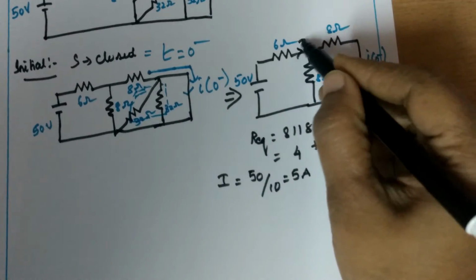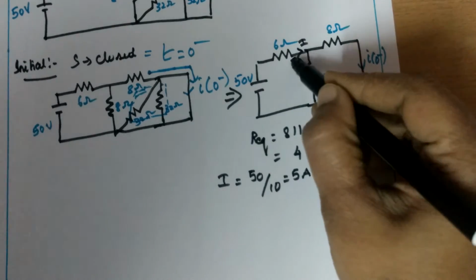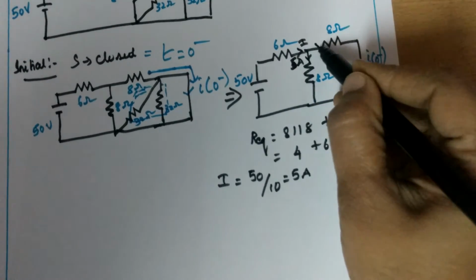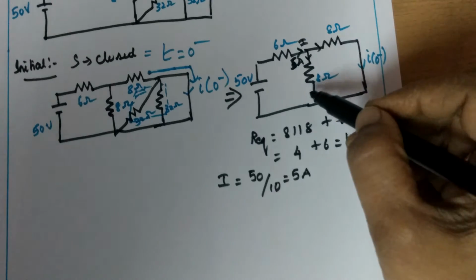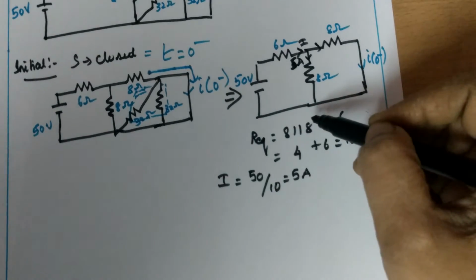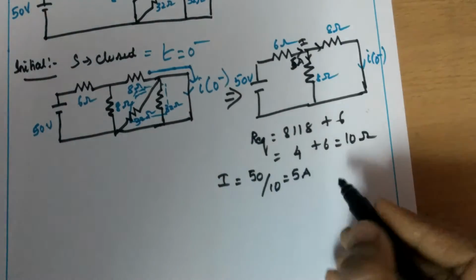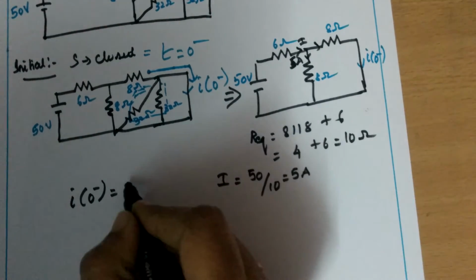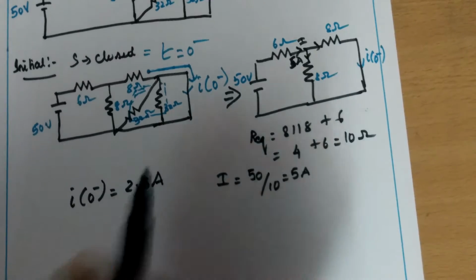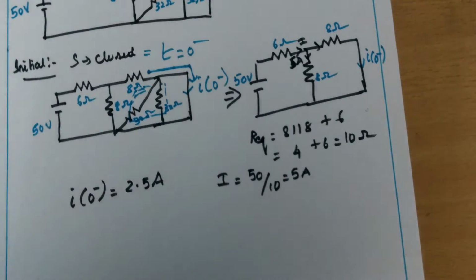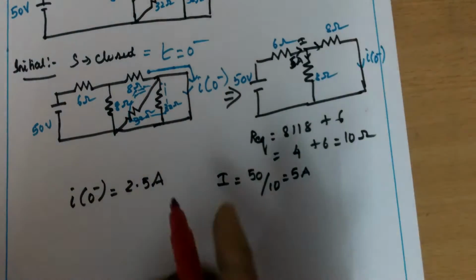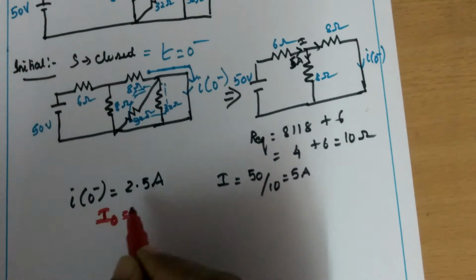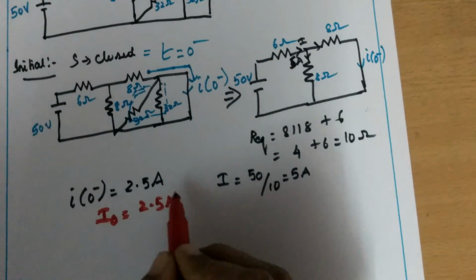This 5 amps can be equally divided into two parts because the resistances have equal value. So 5 divided by 2, we can directly write I of 0 minus equal to 5 divided by 2, which is 2.5 amps. Let me take this as I naught, the current at the initial condition, 2.5 amps.